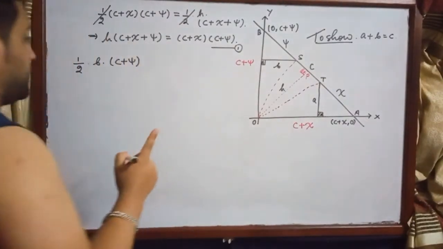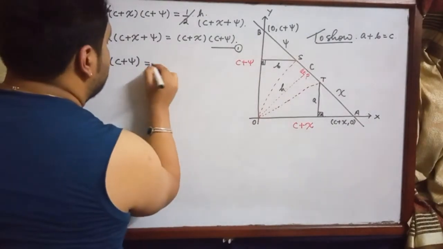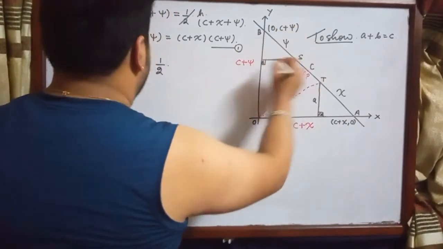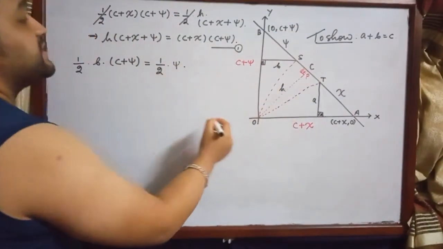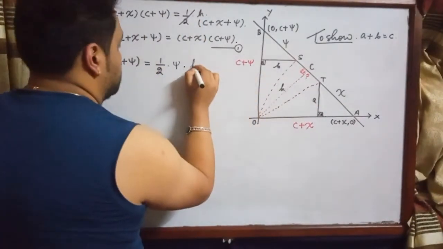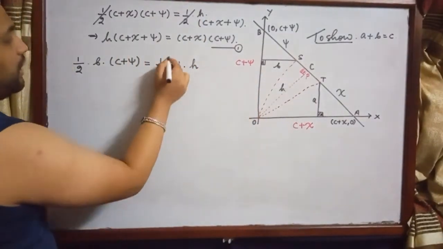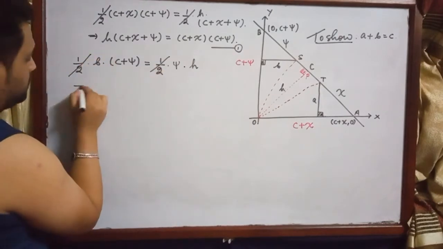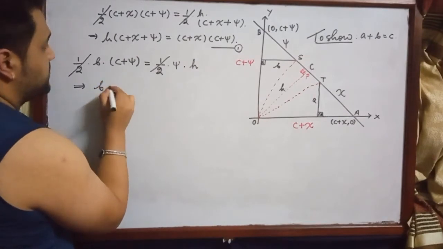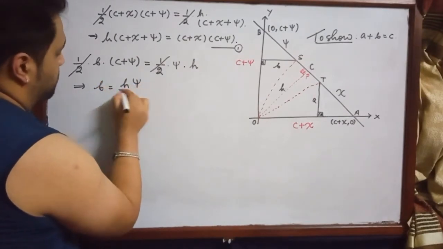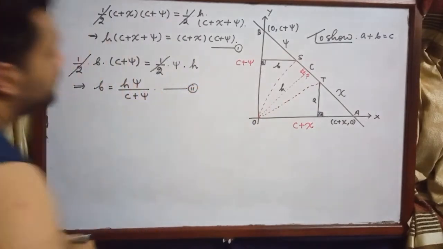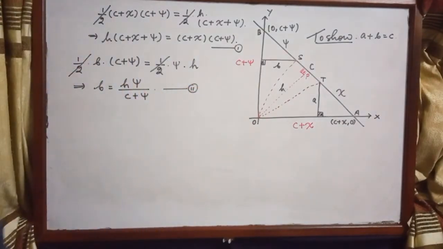Again, this will be equal to half times the base, which is psi, times the corresponding height, which will be h. So the half will get cancelled, and we have b is equal to h psi by c plus psi. Equation 2.